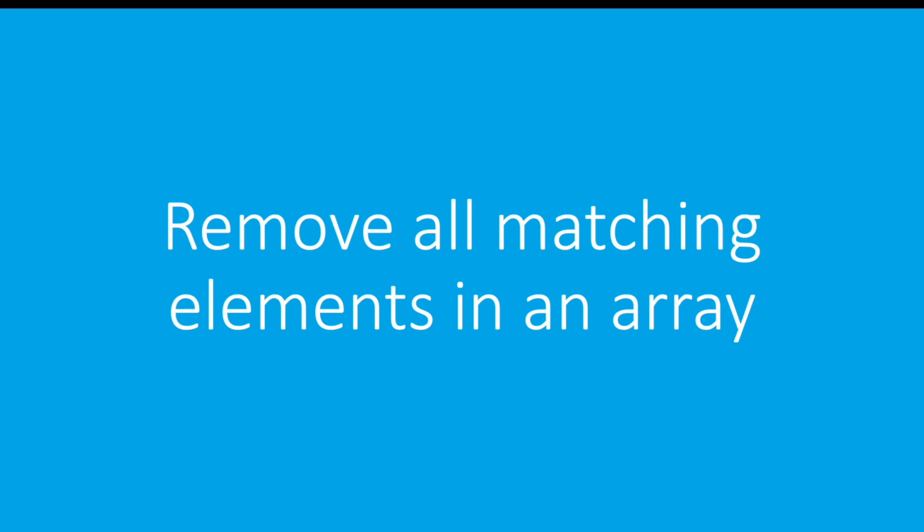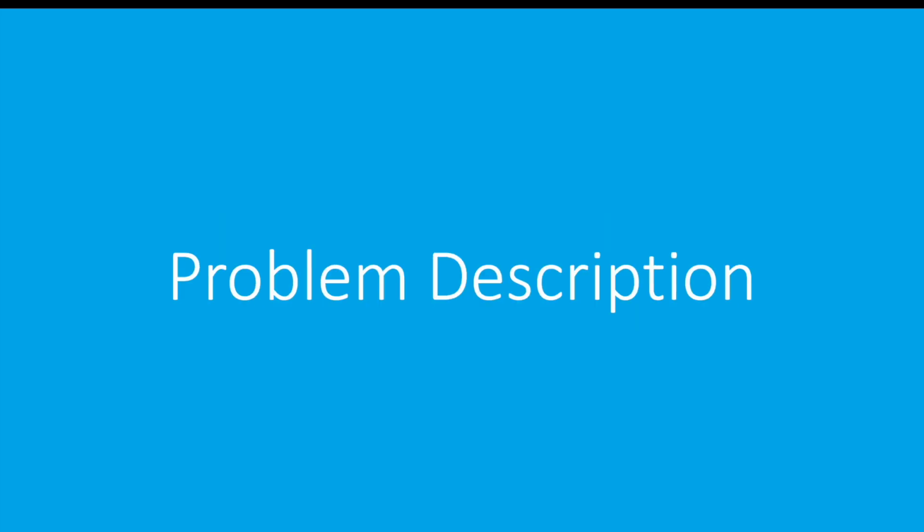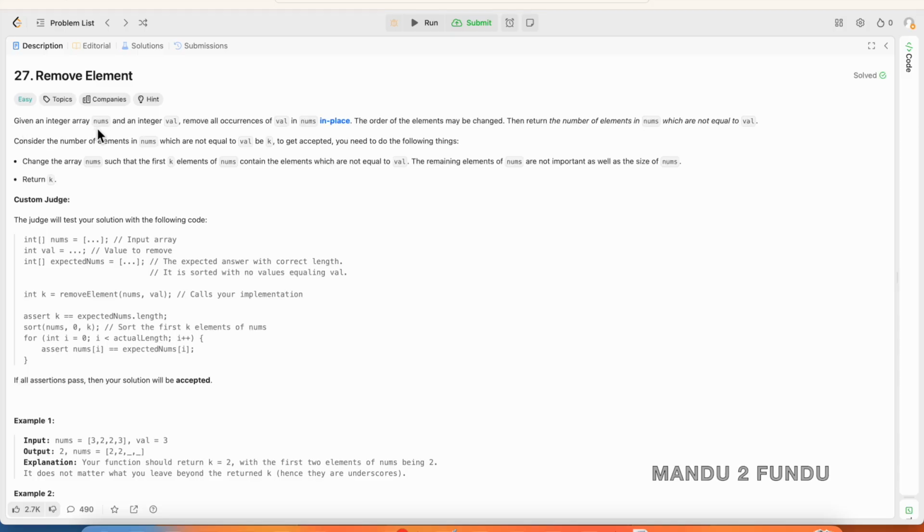In this video, I am going to discuss the solution for removing all matching elements in an array. Let's look at the problem description. We are given an integer array nums and an integer val. We have to remove all the occurrences of this val in the nums array, and we have to do that in place, meaning we should not use any additional space.